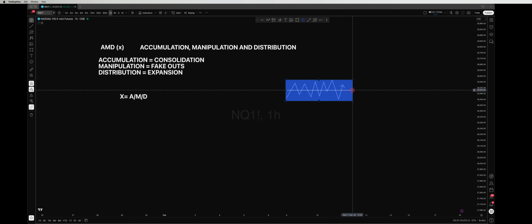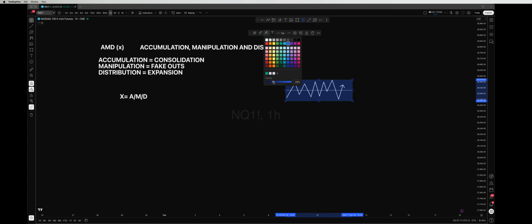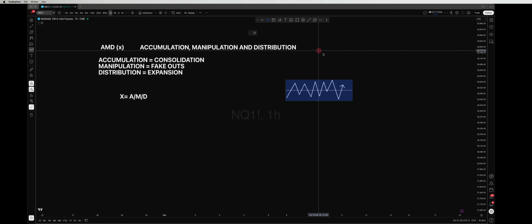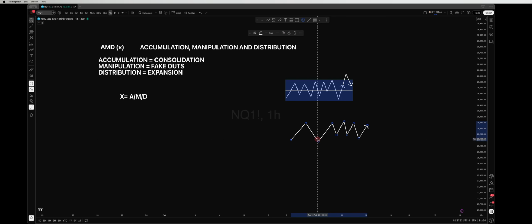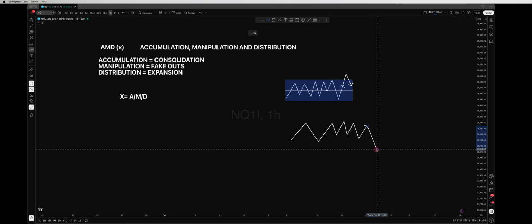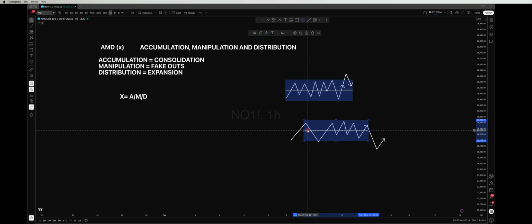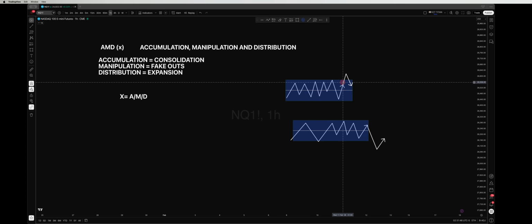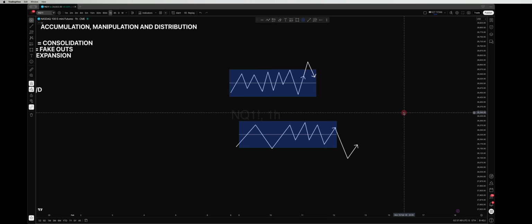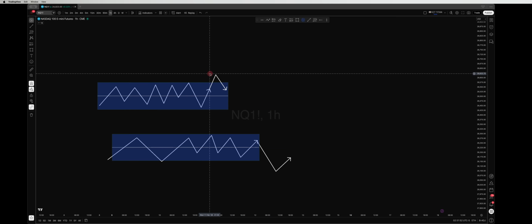Okay, this is accumulation, and then any side, maybe this side, or sometimes you will see it this side. So this is again accumulation.